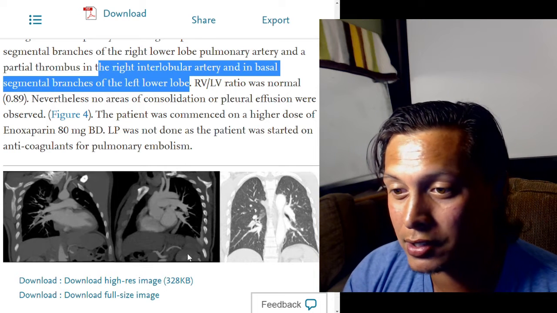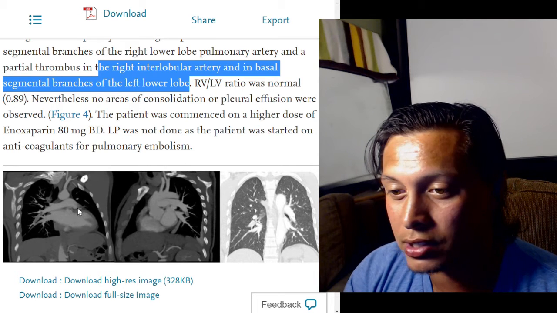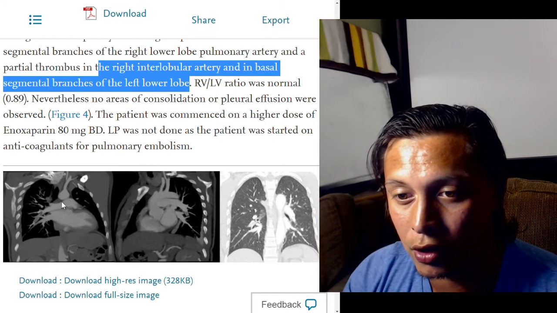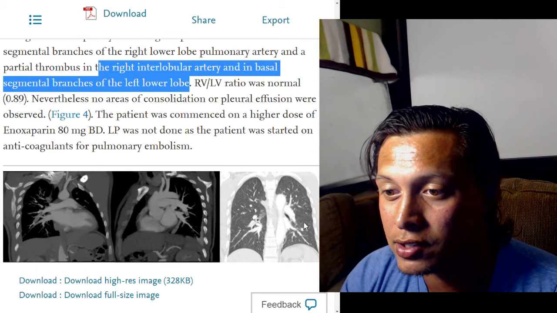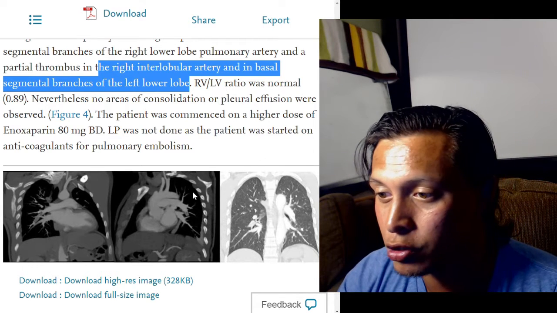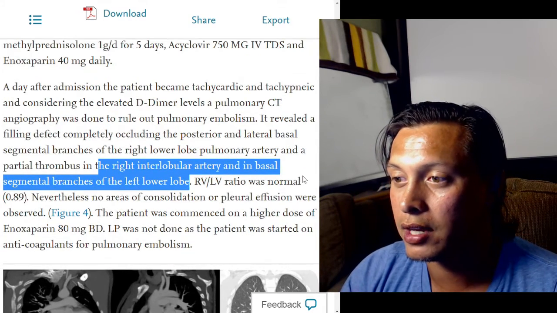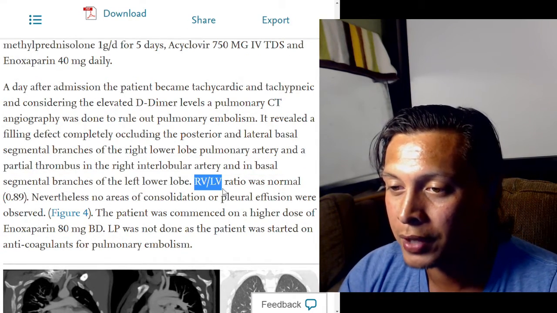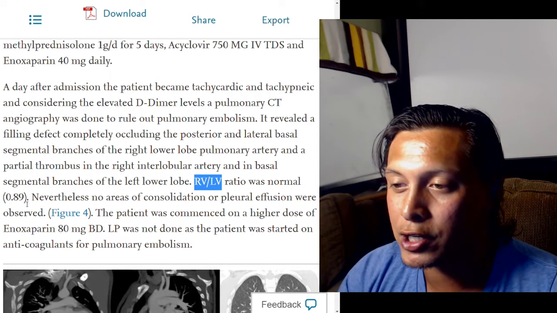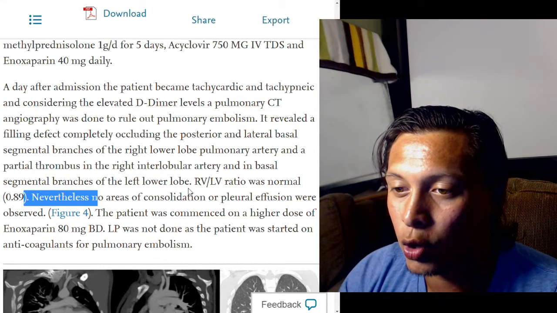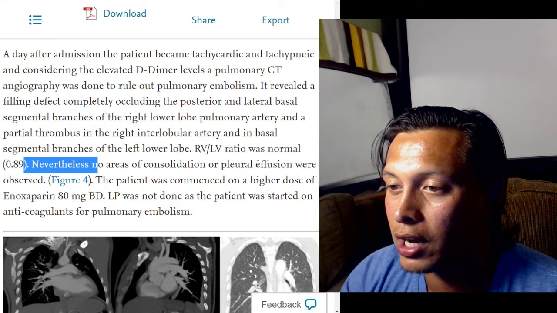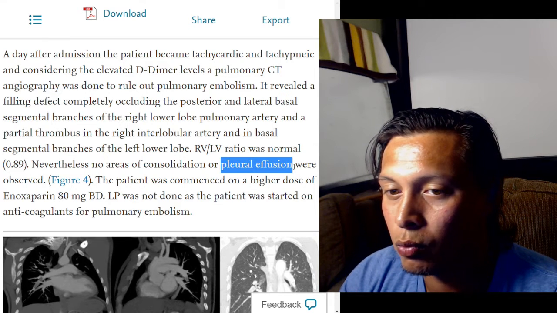I can't read these, but I'm sure a doctor would look at these and say, yes, there is blood clotting going on in these major arteries that go to and from the lungs, but I don't have the ability to do that. Anyways, the RV-LV ratio was normal. No areas of consolidation or pleural effusion were observed.